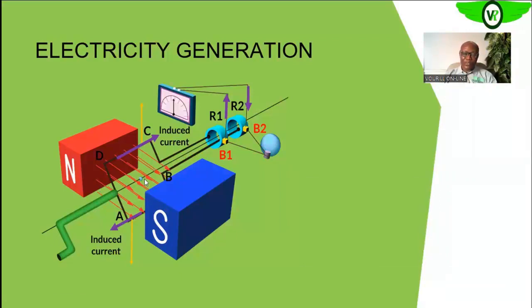So now what happens is that this magnetic field is stationary. We don't have it rotating. But this our conductor, CDAB, can be made to rotate within the magnetic field.